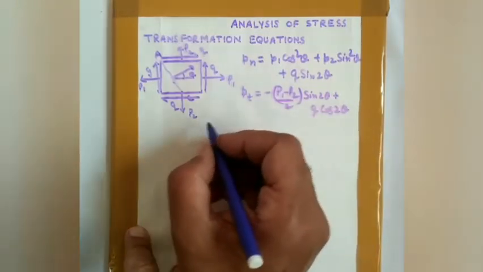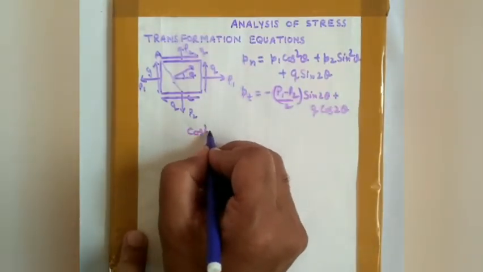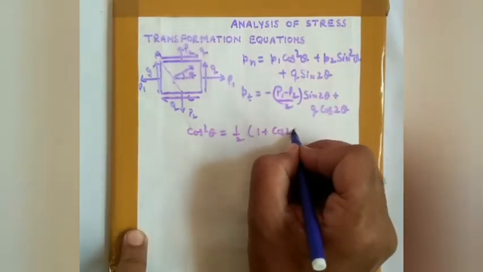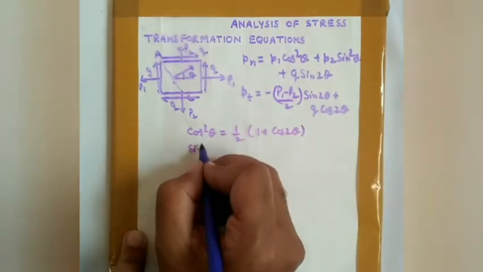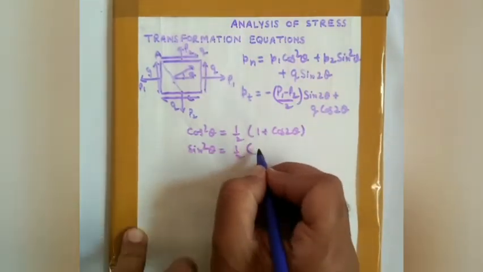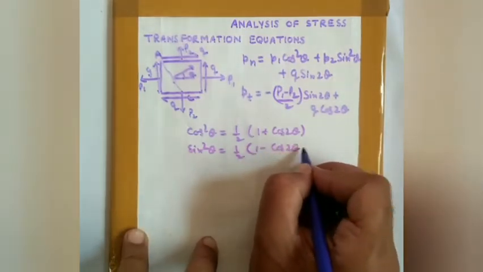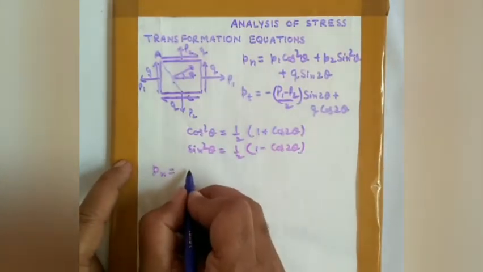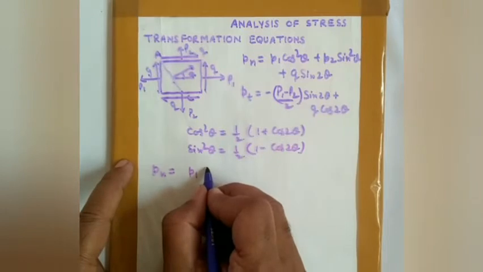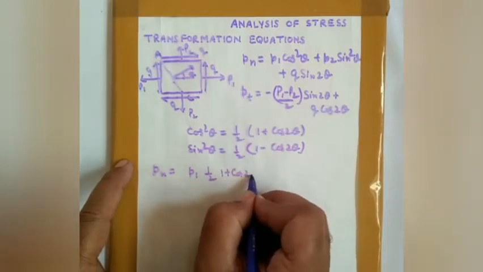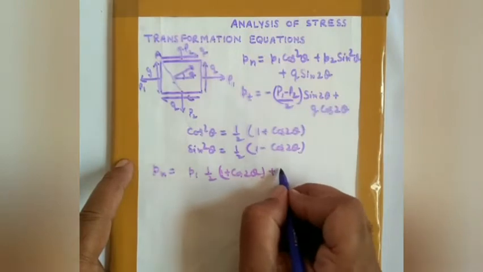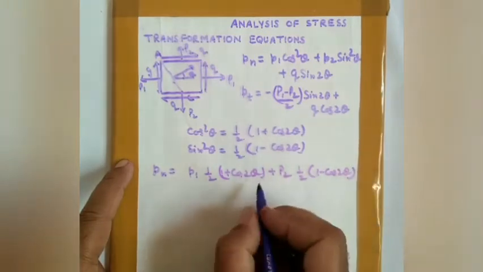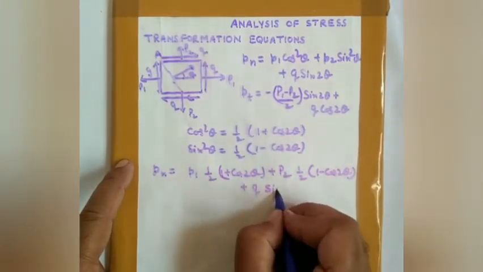Now using two trigonometric identities, cos square theta is equal to 1 by 2 (1 plus cos 2 theta), and sin square theta is equal to 1 by 2 (1 minus cos 2 theta), we can transform Pn as P1 times 1 by 2 (1 plus cos 2 theta) plus P2 times 1 by 2 (1 minus cos 2 theta) plus Q sin 2 theta.